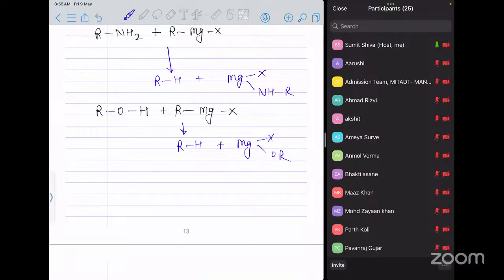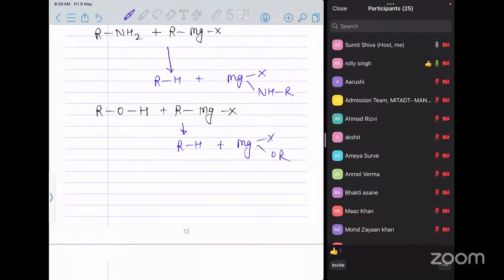So it may be any type of carbon chain: long, short, straight, branched. It can also be cyclic. Understood? Yes, sir.